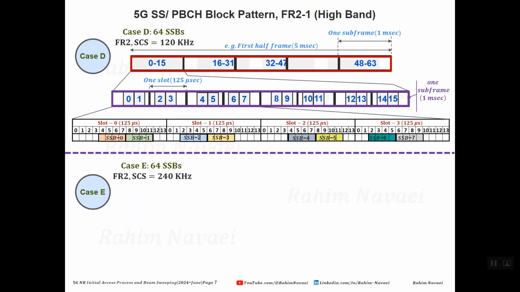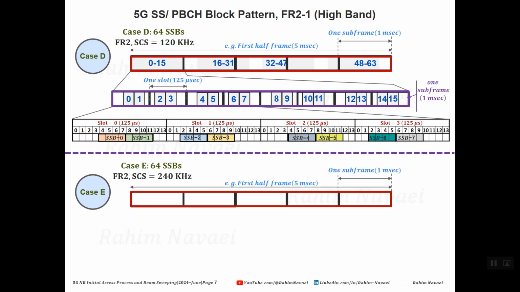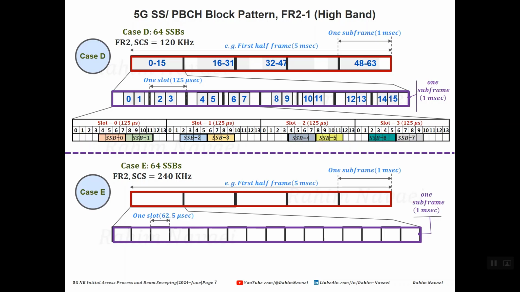SSB pattern E is applicable for SCS of 240 kHz, and same as SSB pattern D, a maximum of 64 SSBs are transmitted within a burst. The slot duration is 62.5 microseconds.